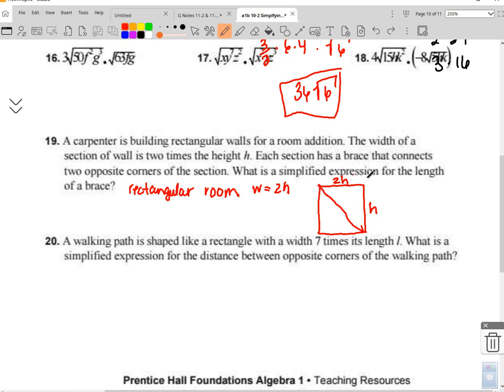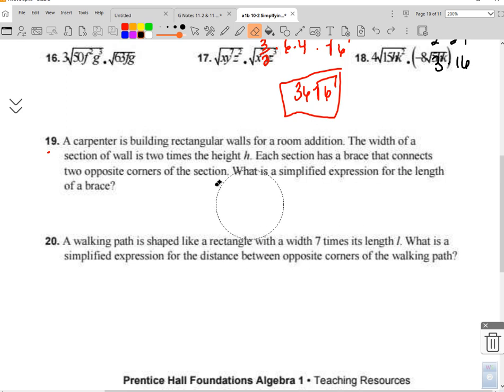So what is a simplified expression for the length of a brace? Oh, I think you got to be able to use the Pythagorean theorem. Yeah, we're not going to do that one. Skip number 22. We're going to work with the basics today before we get into anything that complex. We may do 22 together tomorrow, and then you guys can do 23.